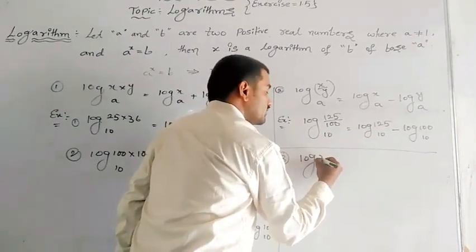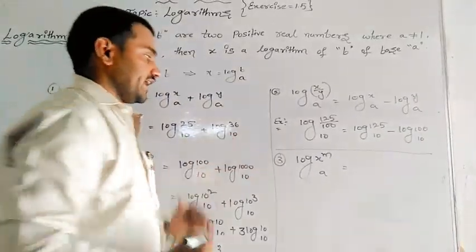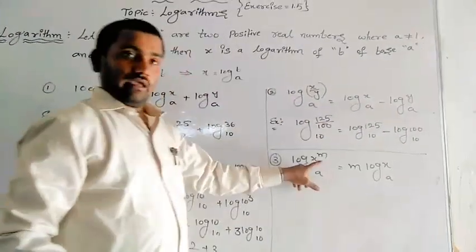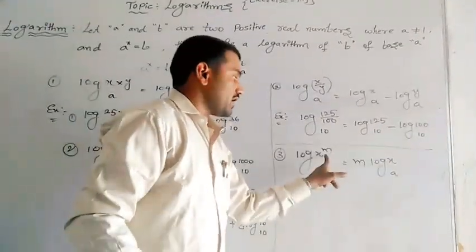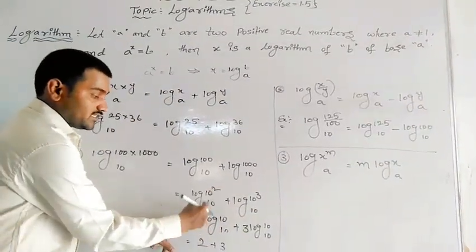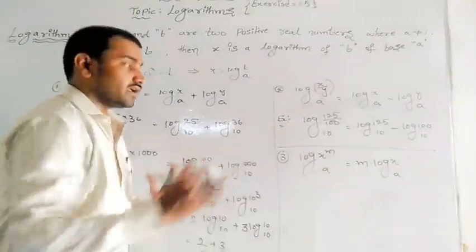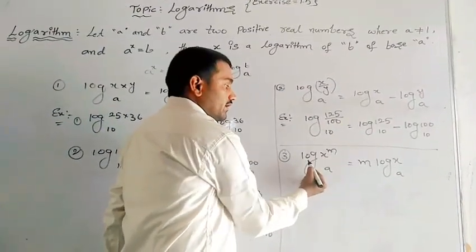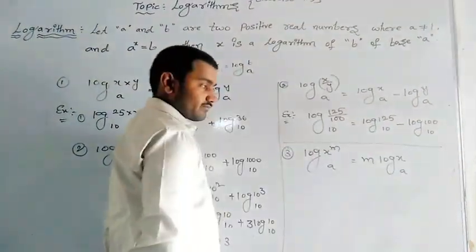Log x to the power of m, base a, equals m log x base a. The m will come right here. This m will multiply with this logarithm. In the same way I have written this 2, and this log 10 base 10 I have written the same again. What is the value of log 10 base 10, that also we will learn later; there is one formula actually. Here, see: log x to the power of m base a equals m log x base a. This is the formula.